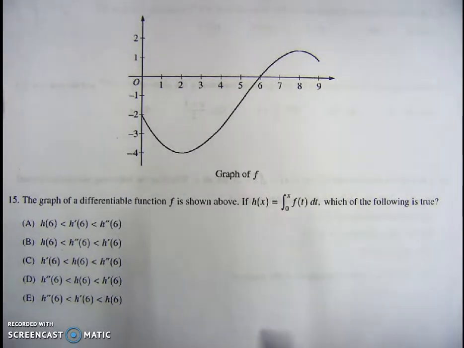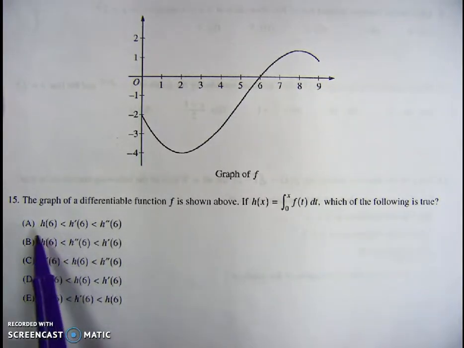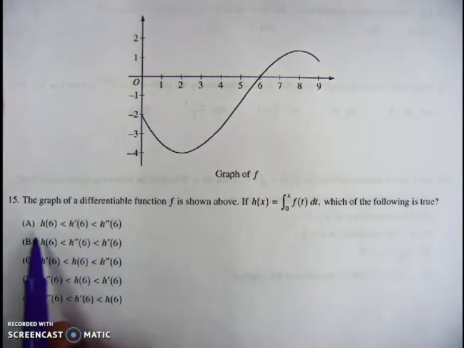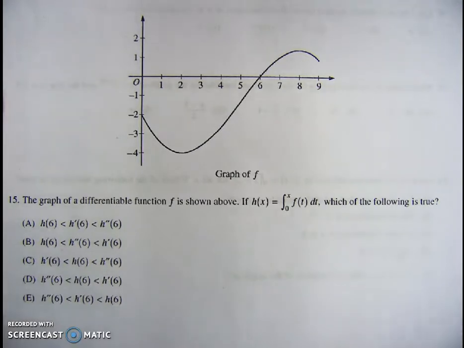They are relating h of x, h prime of x, and h double prime of x, or h of 6, h prime of 6, and h double prime of 6. And they're using inequality notation to see which one's bigger than the other, and so on.